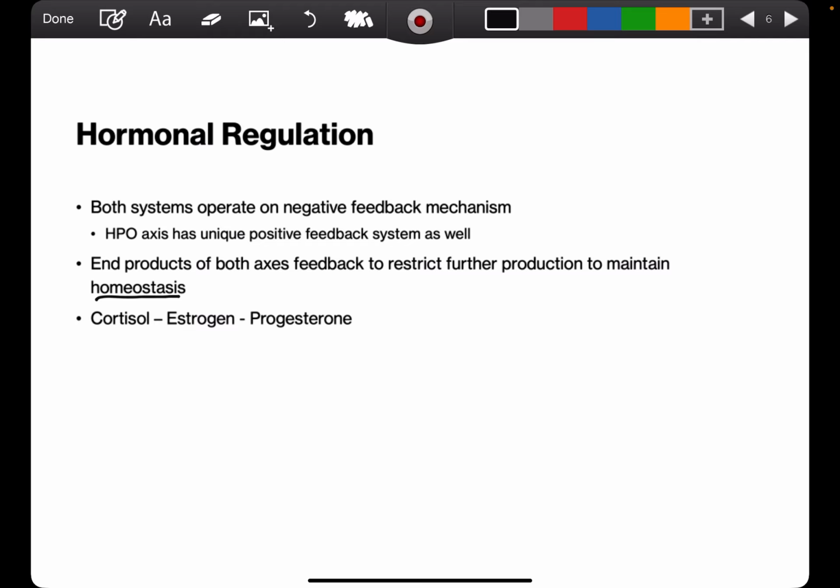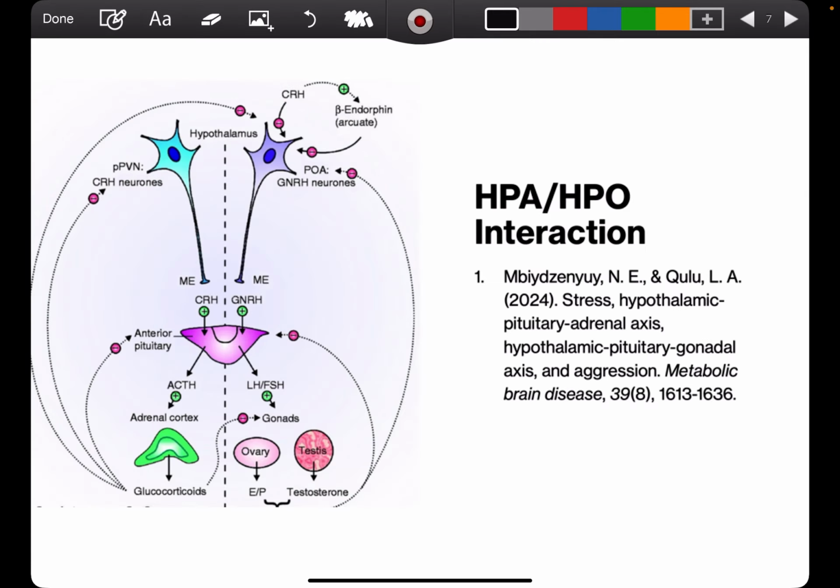Essentially, this is all to maintain homeostasis, right? Too much of one hormone on either side, on either axis, leads to complications that aren't really covered in this presentation, but complications within the endocrine system and throughout the peripheral tissue.